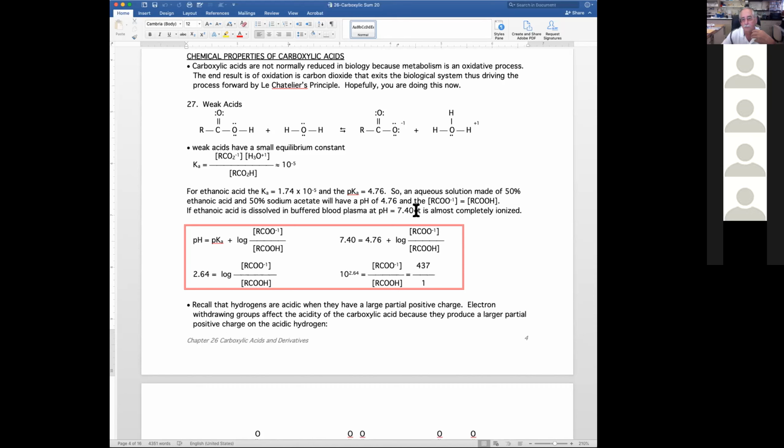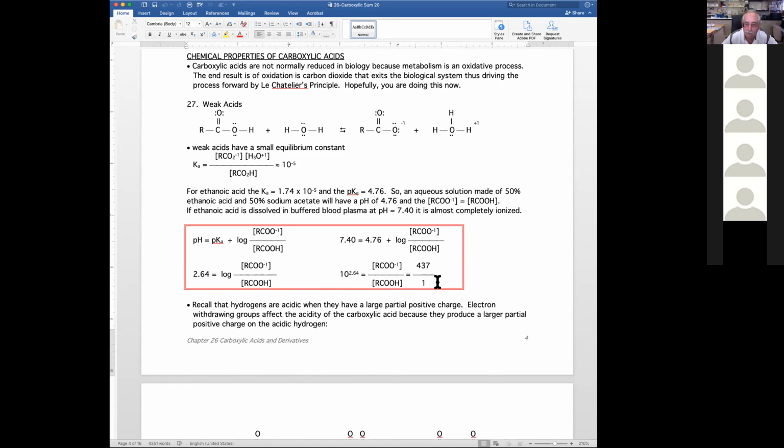What do I have to do to bring it up to physiological pH of 7.4? I have to add a base, don't I? So if I keep adding the base and I get it up to, say, that particular pH, what I essentially get is 437 to 1. What that means is that it's almost entirely in the ionized form, very rarely in the protonated form.